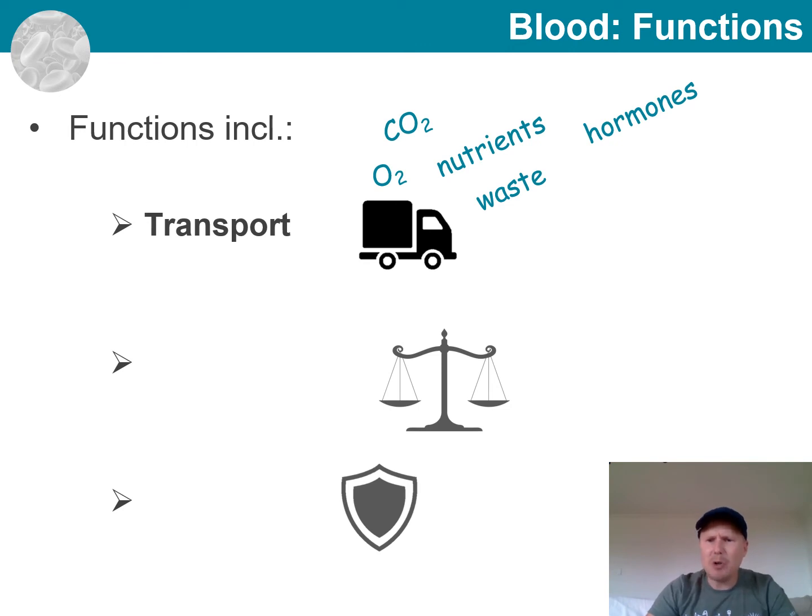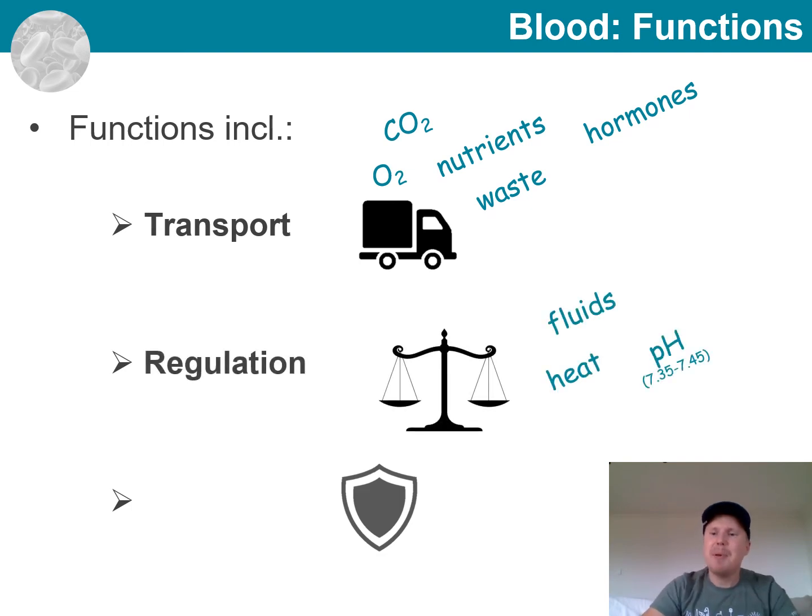Why don't we have a look at the next one? Blood plays a major role in regulation too. Some of the examples that I thought of here are fluid balance, which is regulated by the blood if there is too much or too little. And heat regulation as well.